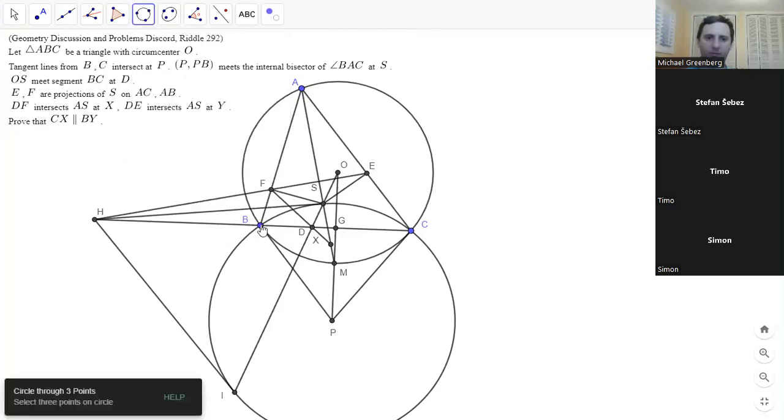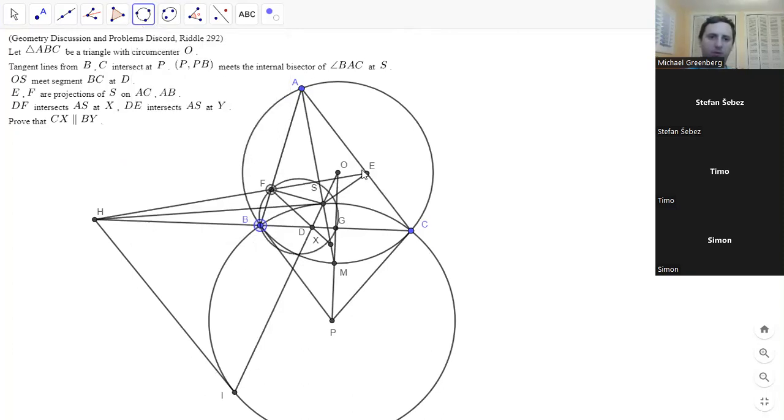That's not true. We know that this is cyclic. I'm wondering if there's some way to use the radical axis theorem. Now, what is the radical axis of these two circles? Is HS the radical axis? It would have to be if the problem is true.